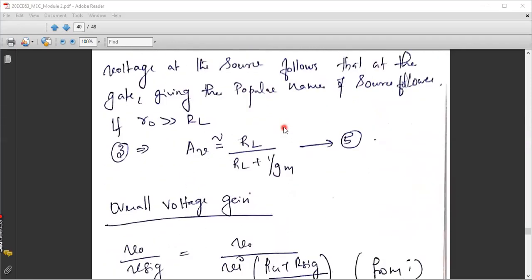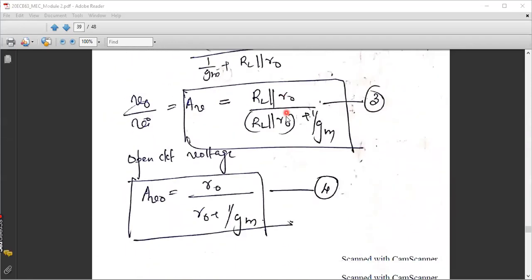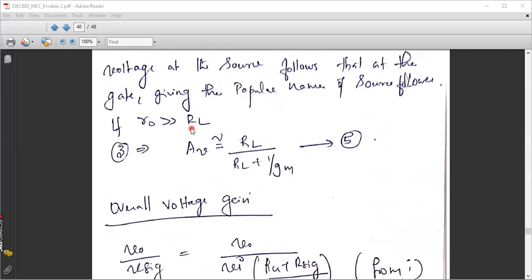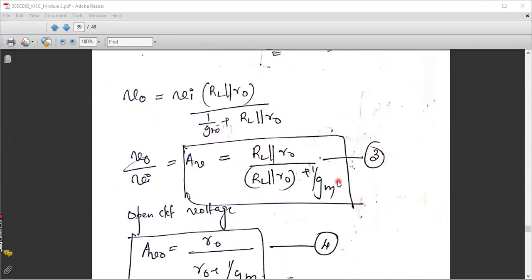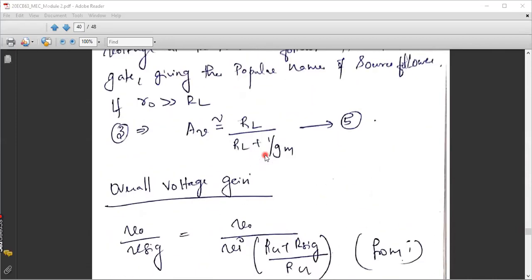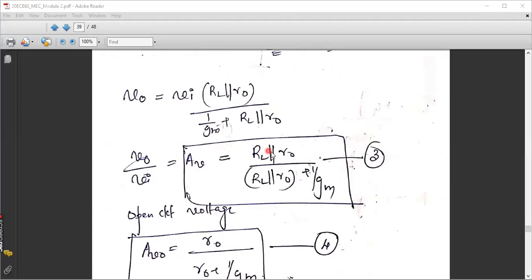Now, if the value of R0 is very much greater than RL, then equation number 3 can be modified as AV equal to RL divided by RL plus 1 by gm. I wrote this because if two resistances are in parallel, the effective resistance will be approximately equal to the smallest one.